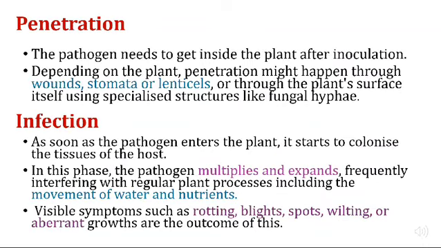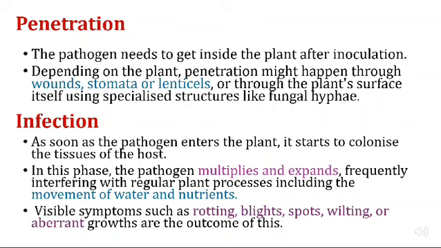The next is penetration. After inoculation, the pathogen needs to get inside the plant to cause disease. Depending on the plant, penetration might happen through wounds, stomata, or lenticels of the plant, or through the plant surface itself, using specialized structures like fungal hyphae, followed by infection.